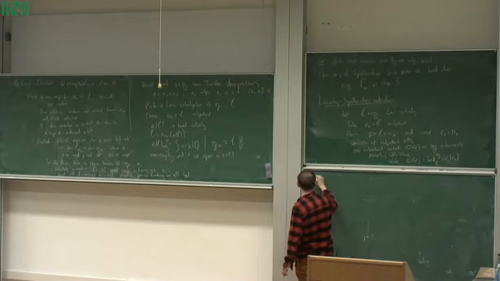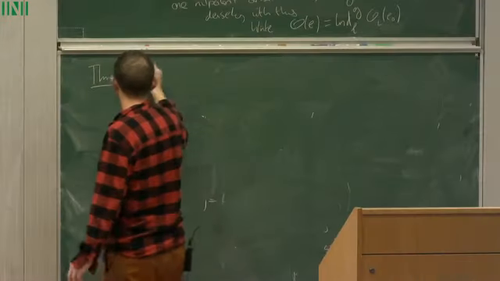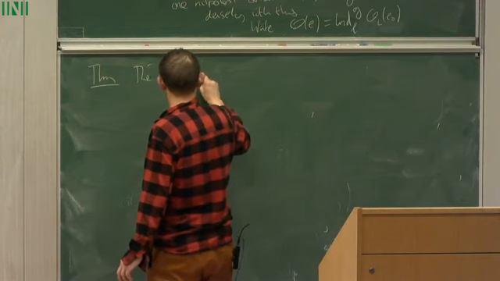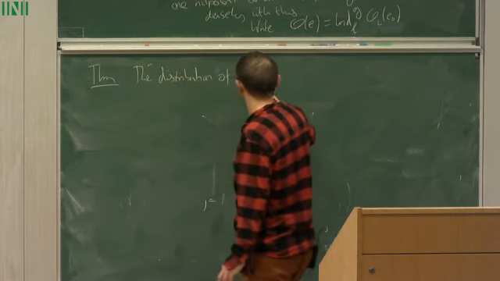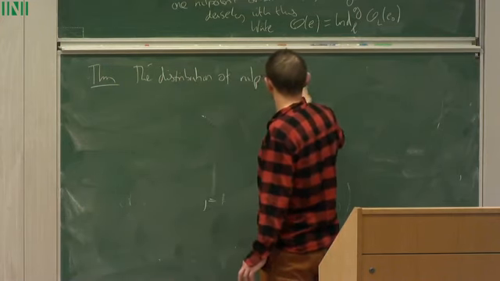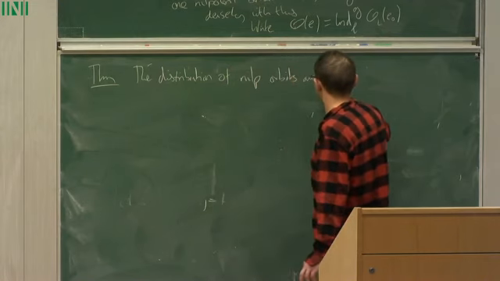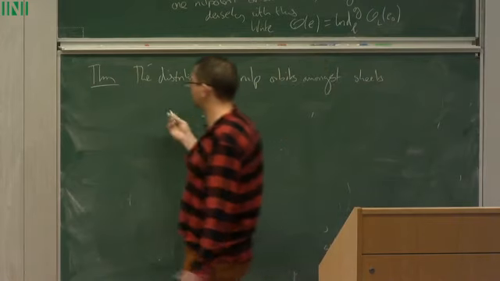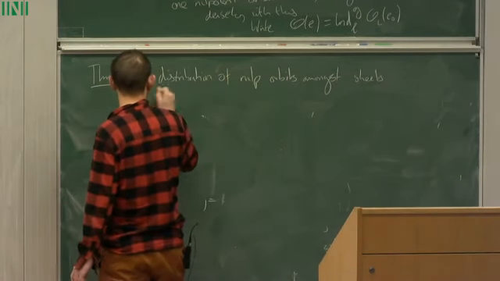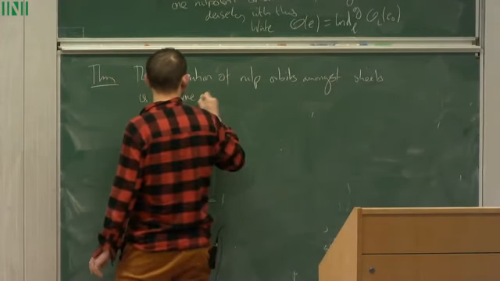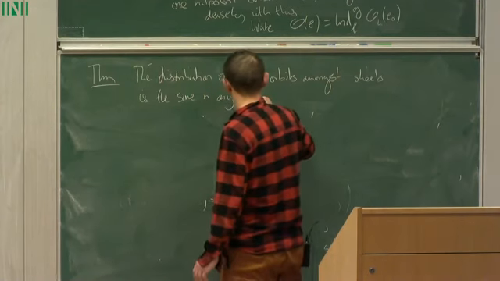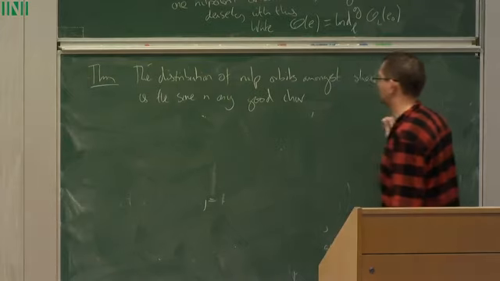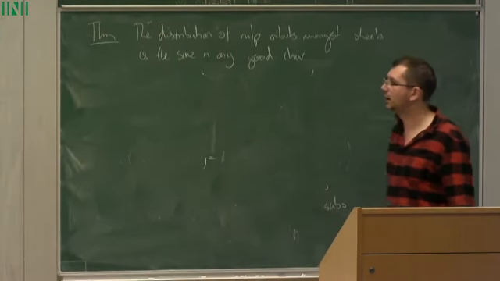So the theorem then is that the distribution of nilpotent orbits amongst the sheets is the same in any good characteristic. And I think I'll stop there.